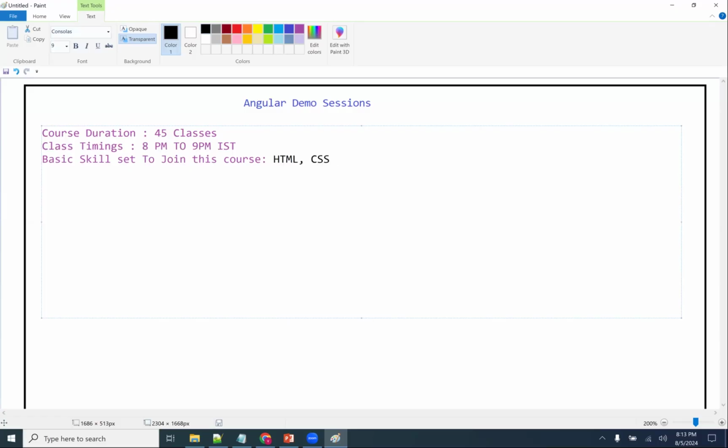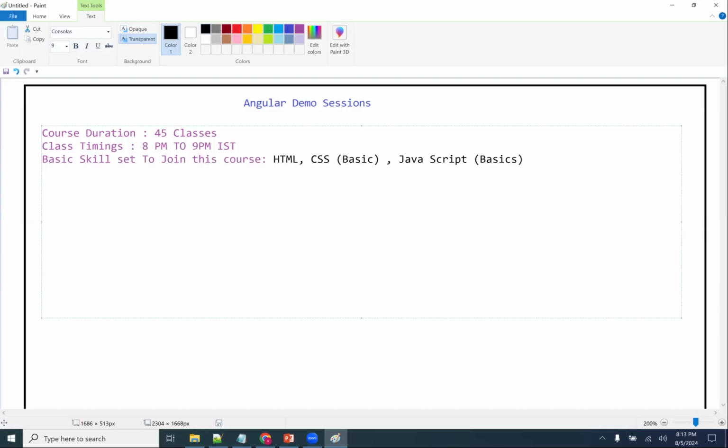No need of media queries, cascading style sheets, bootstrap, a lot of things you need not have an idea about. Basic CSS is sufficient. That's why I'm mentioning basic CSS and JavaScript basics.